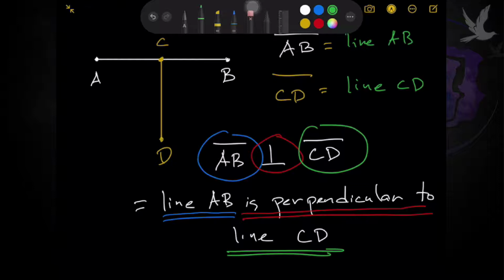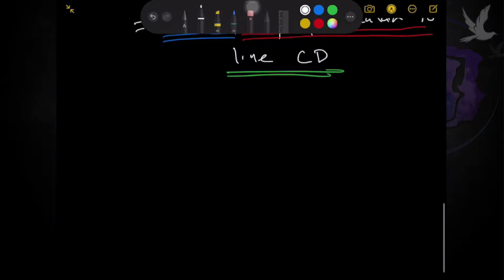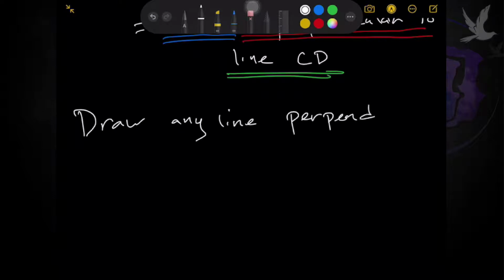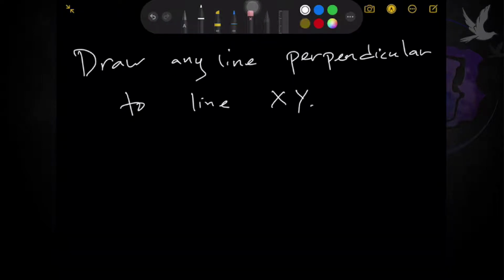Okay? Line AB is perpendicular to line CD. So, if you have a task, for example, draw any line perpendicular to line XY. And the figure below is just a line XY.